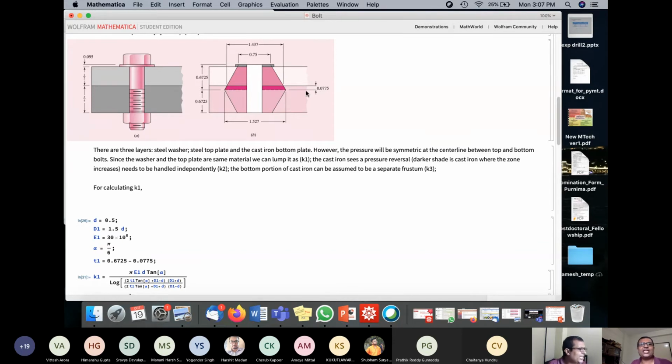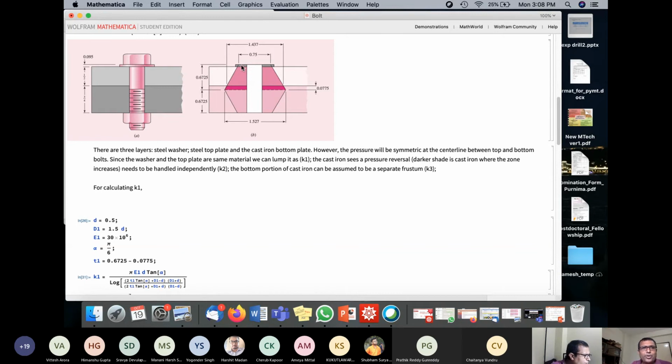Now there is a very weird thing happening here. I have some cast iron, so I have three zones. The first one consists of the washer. The washer is also steel, right? The washer is also steel. This top layer is also steel.